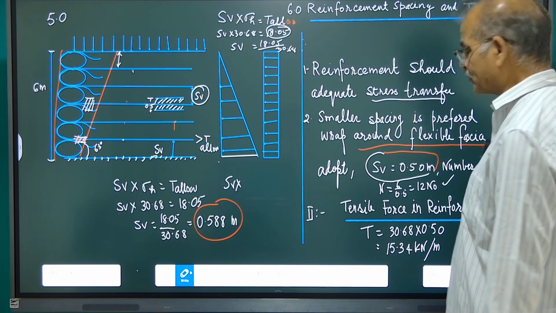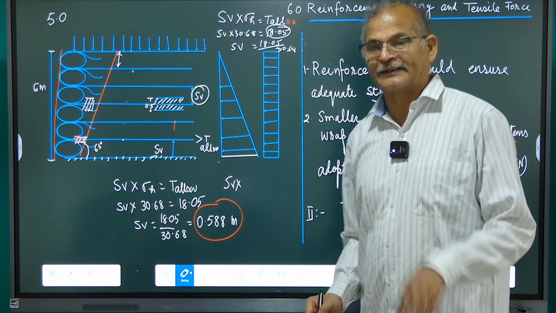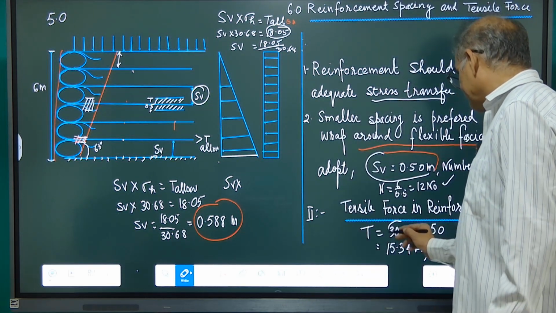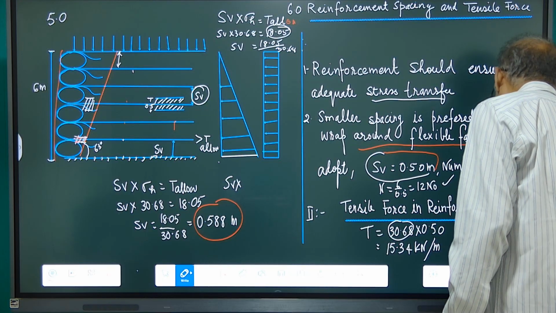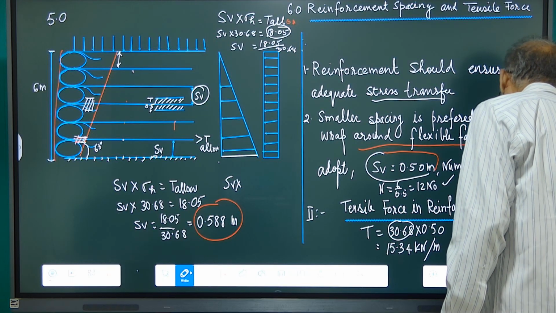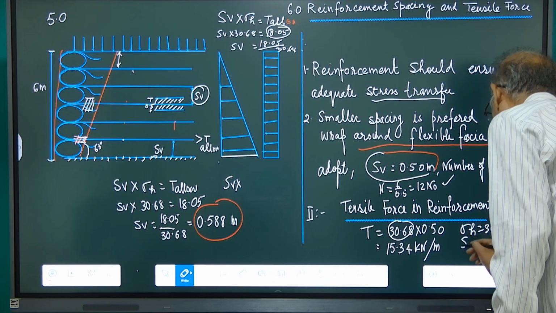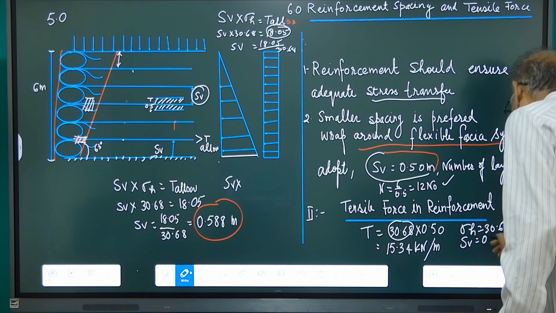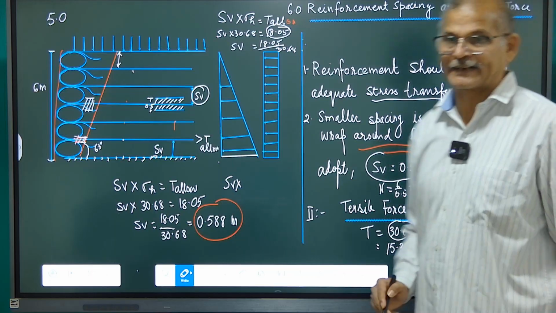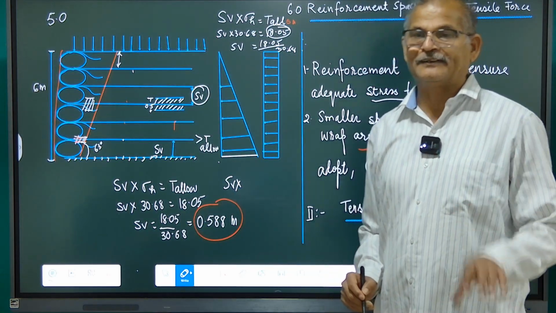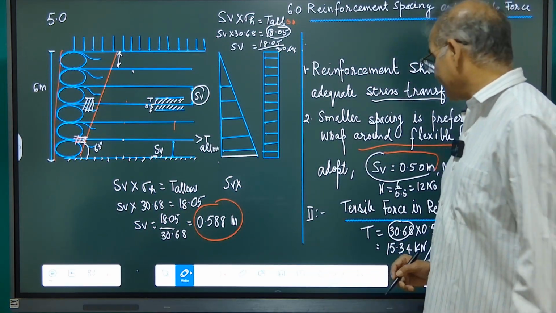Tensile force in the reinforcement. Since sigma h is 30.68, and the spacing now revised SB is 0.50. Now by multiplying we can know the tensile stress in the reinforcement.